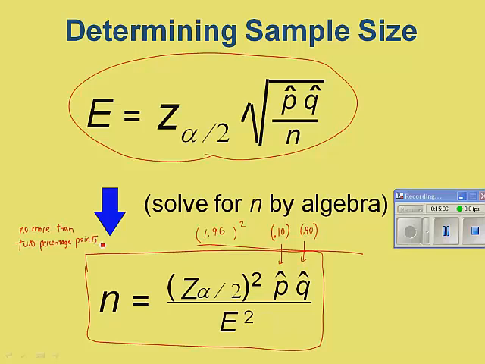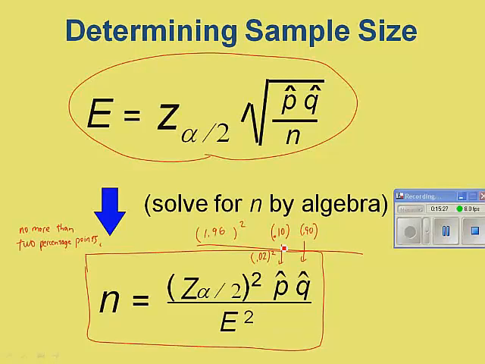Then you're going to have trouble finding E. That's the kind of thing you have to do here, is find E. So E here is 0.02. So I would divide by 0.02 squared, and that'll tell me the sample size that I need for this problem.